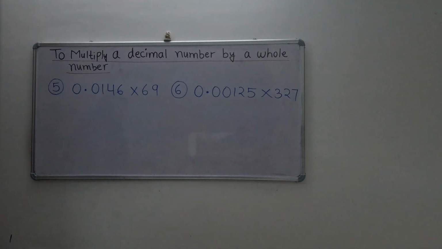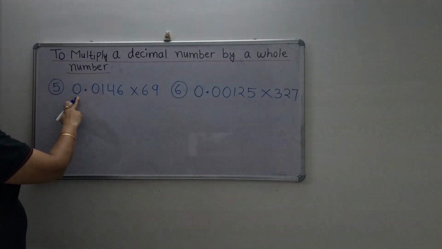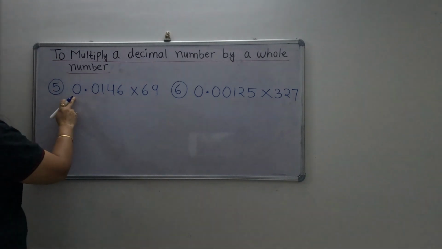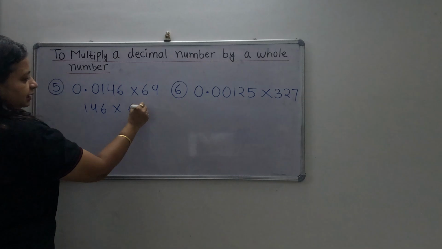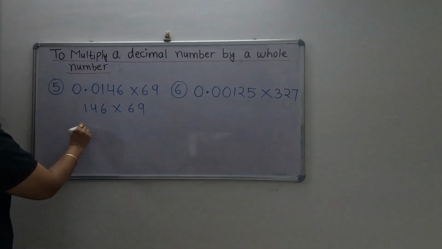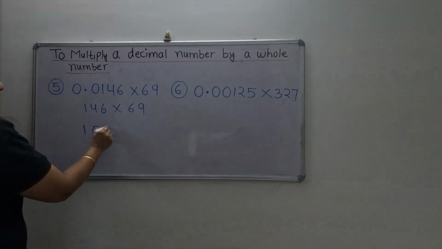First ignore the decimal points and multiply the numbers. See, we have 0 before 146. There is no meaning if 0 is before any number, so we will not count it here. You will just multiply 146 times 69. Do the normal multiplication. So the normal multiplication gives 10,074.